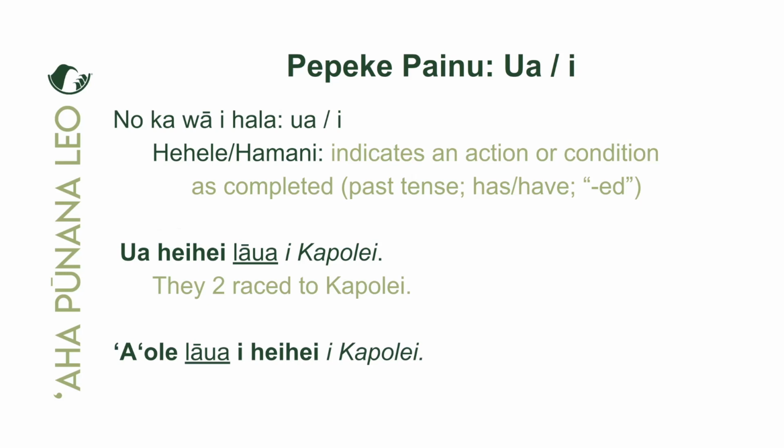We say 'a'ole laua i hei hei i Kapolei. The i takes the place of ua in the negative form. And we also have an example of a papani as the piko. Therefore, the papani jumps up in the front, in the po'o position, following the word 'a'ole. Okay, so 'a'ole laua i hei hei i Kapolei.